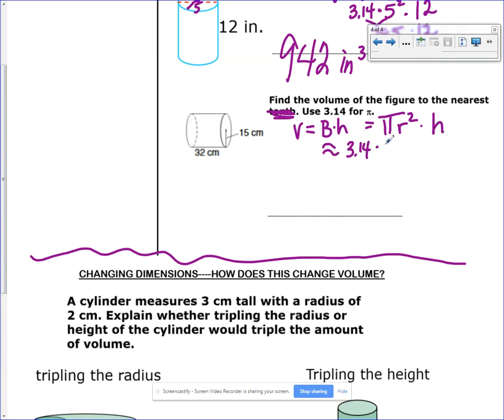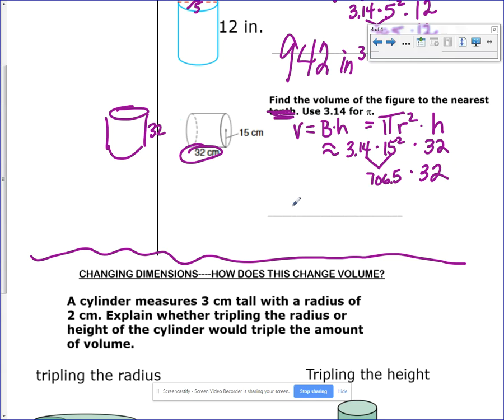Pi, 15 squared. So the area of the base is a biggie. That gives us 706 and 5/10. The height is 32. I know it looks like it's flat. You need to envision this thing standing upright where this is the 32.